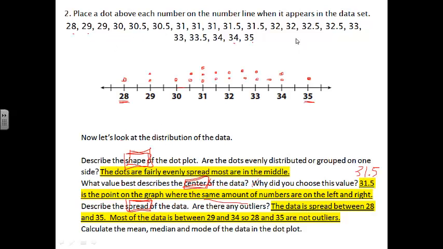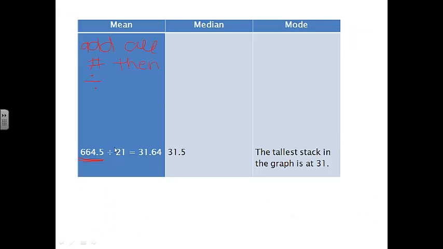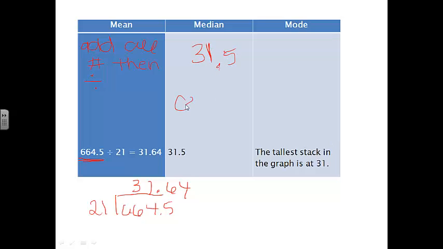If we counted them up, we have 21 numbers, right? So we would divide 664.5 by 21. Make sure you bring up your decimal, and we should have gotten 31 and 64/100. Good. Median, we've already decided that was our center. So 31.5, we've already determined that, and that's what we call the center.